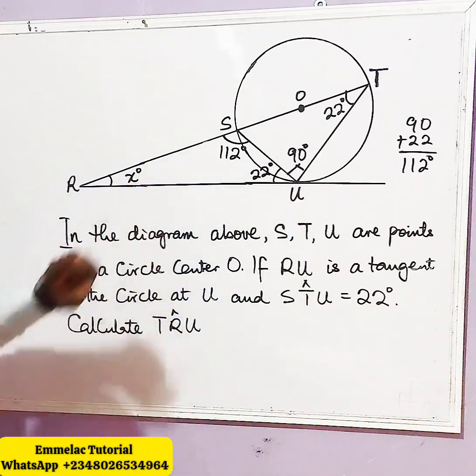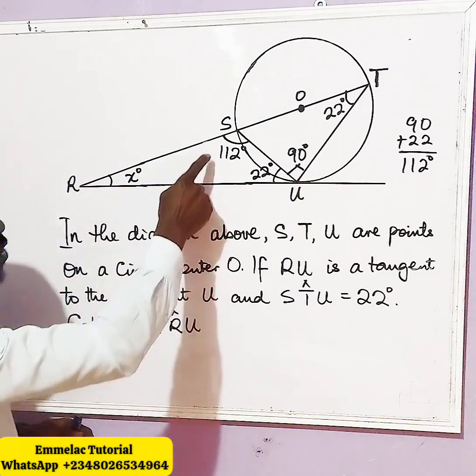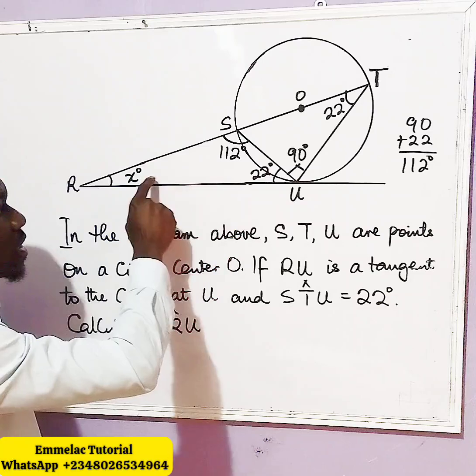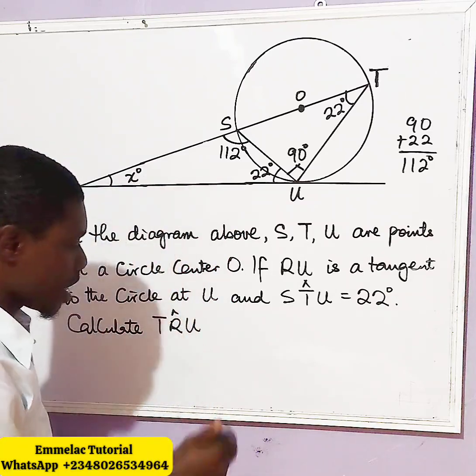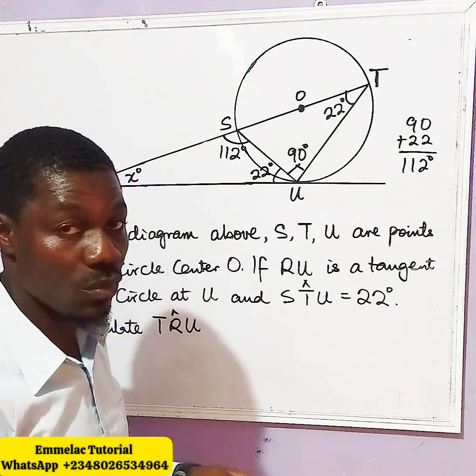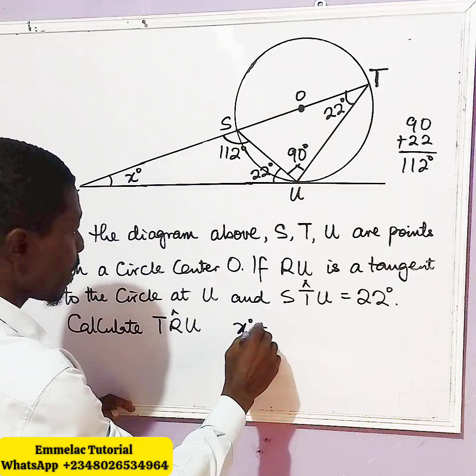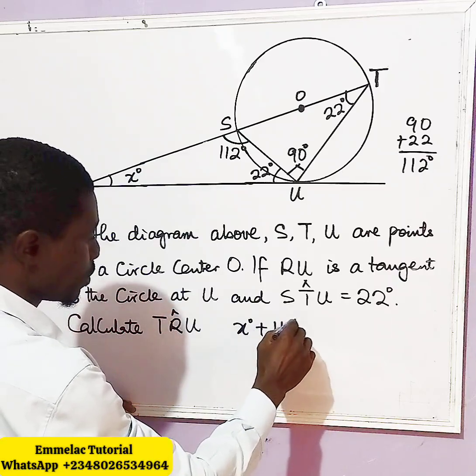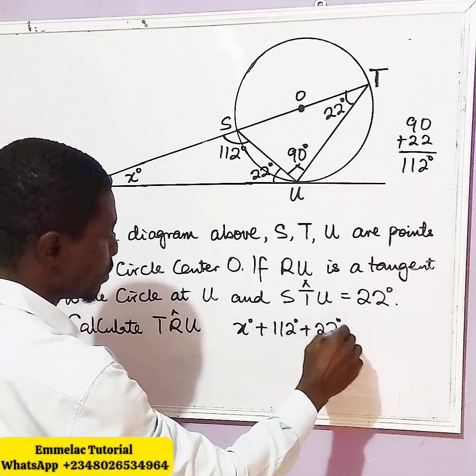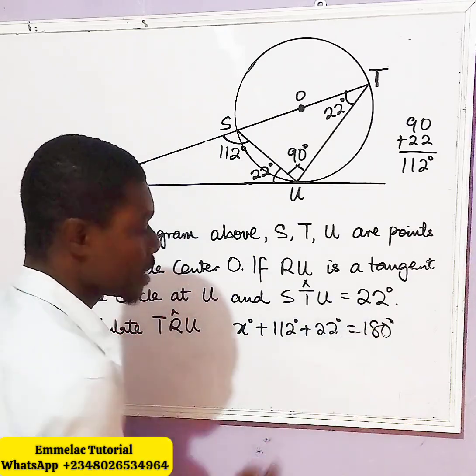Since we now know these two angles, we can find the third one. We know that the sum of angles in a triangle equals 180. So X plus 112 plus 22 degrees equals 180.